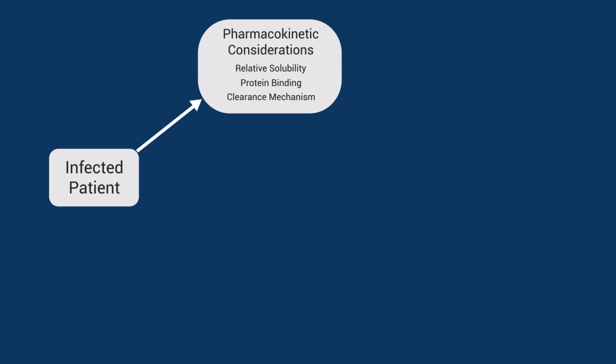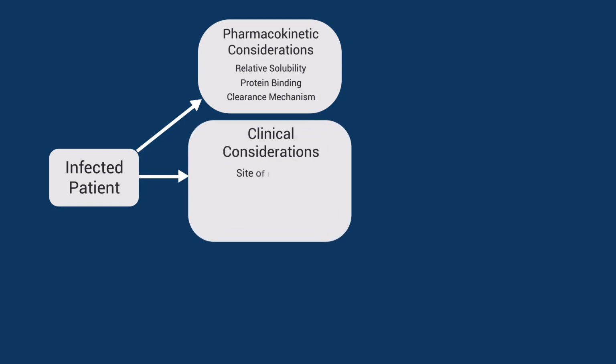Then I need to think of clinical reasons. What is the site of infection? Will my antibiotic penetrate that? Is it easy to get into the site? Does that site have adequate vascular supply? What is the severity of illness? How hard do I need to hit the illness with antibiotics? What is the body composition? What are the likely pathogens? Is there a chance of resistance in those bugs that I need to use a different antibiotic?